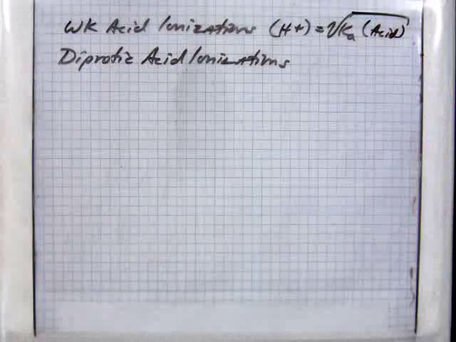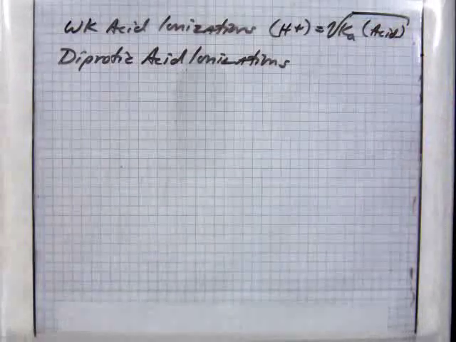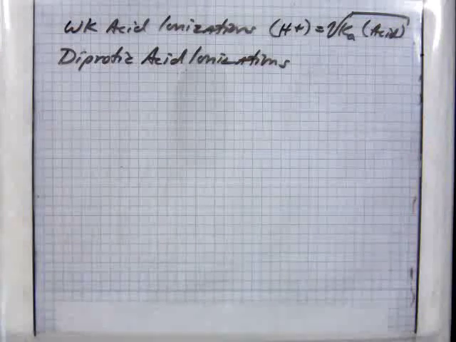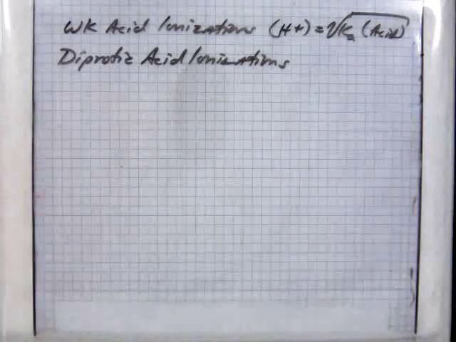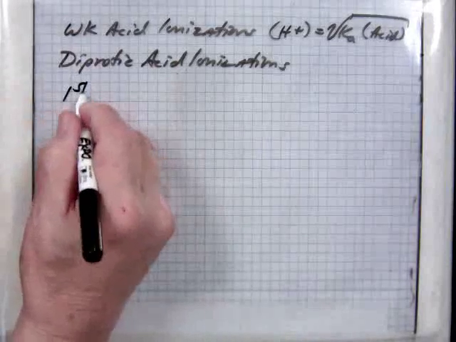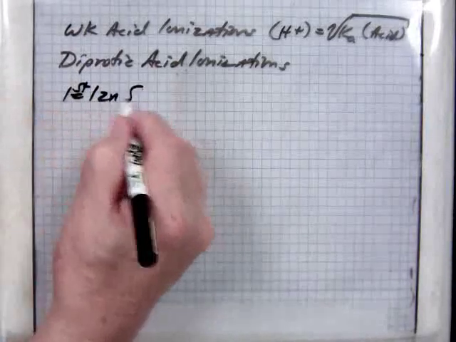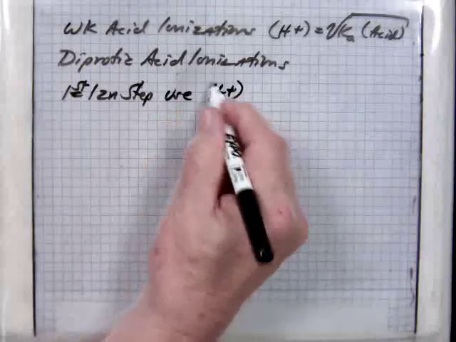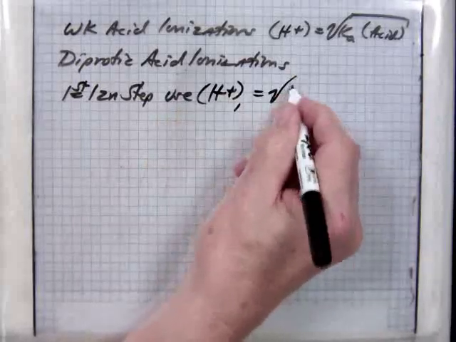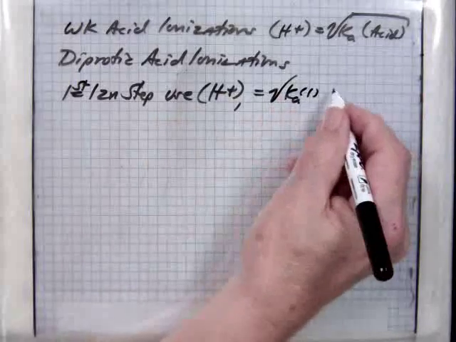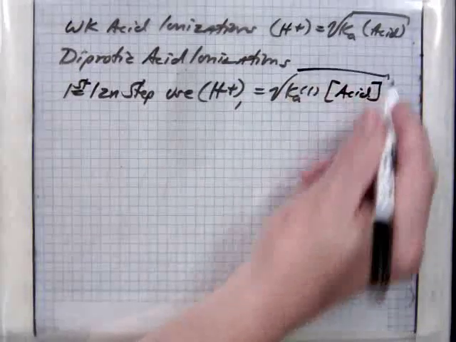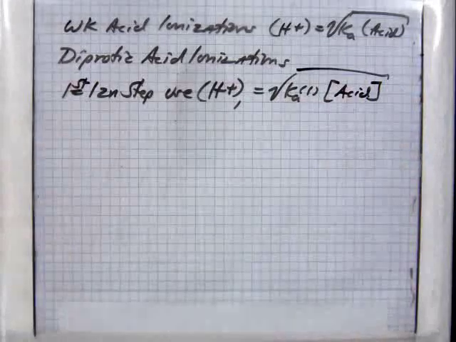So that will lead you to the hydronium ions, and you can calculate the hydroxide ions using the Kw expression after that. In the diprotic acid ionizations, for the first ionization step, use the square root formula. And so that'll give you your hydrogen. You can go and get your OHs and stuff.